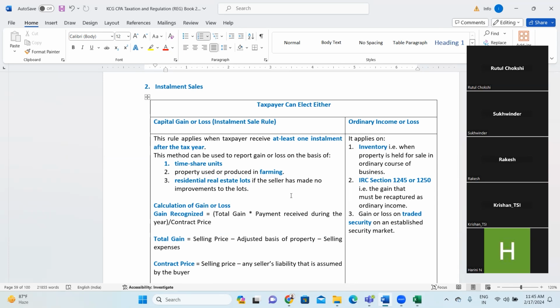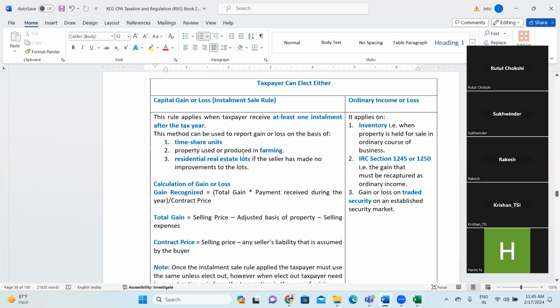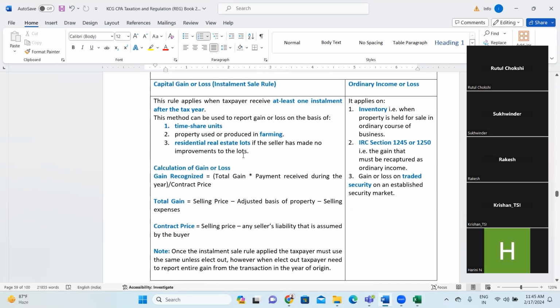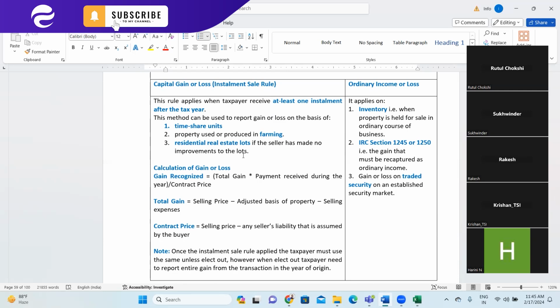Left hand side, you see the capital gain or loss or installment sale rule. This rule applies when the taxpayer receives at least one installment after the tax year, right? So the first important thing, if you have to apply the installment sale rule, then installments must carry forward to the next financial year or next tax year.